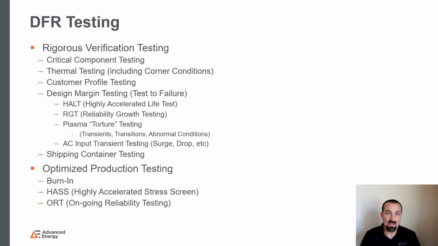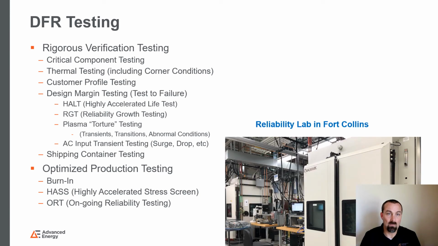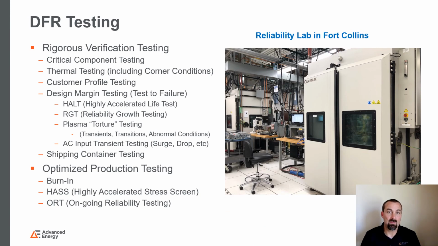So testing plays an important role in our process, but we want to optimize that testing to get the most value that we can. So we'll do thermal testing. We'll try to test like the customer tests, even on plasma systems. We will understand what the next weakest link is by our margin testing and whether or not that's acceptable for the product.